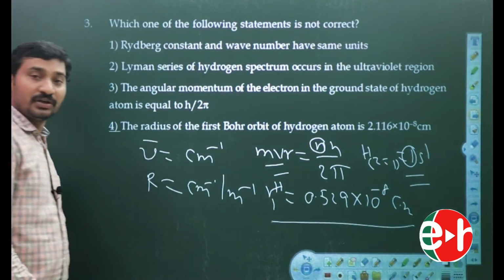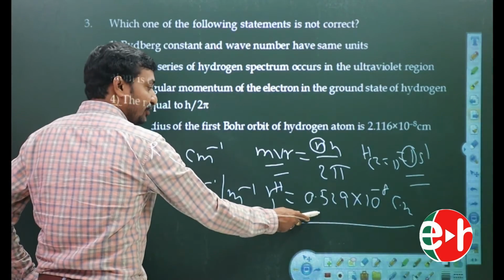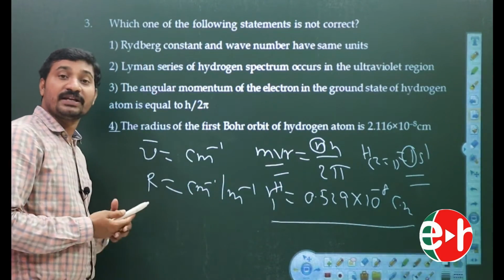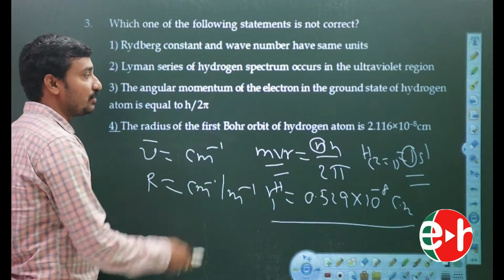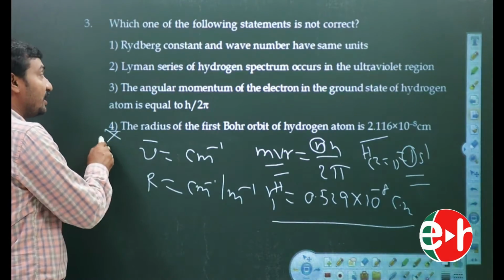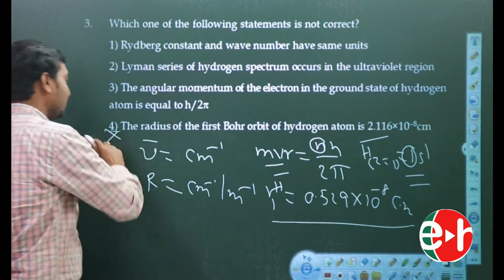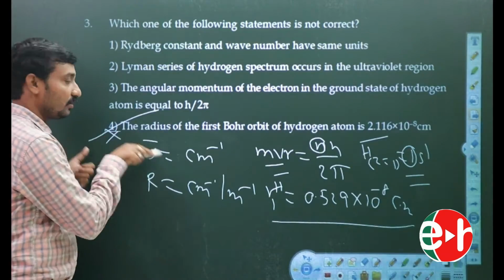Okay, but here given 2.116. Hence this statement is wrong, and here they are asking for the wrong statement. That's why, according to the given question, the fourth statement is the right option.